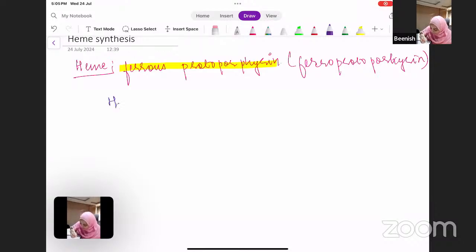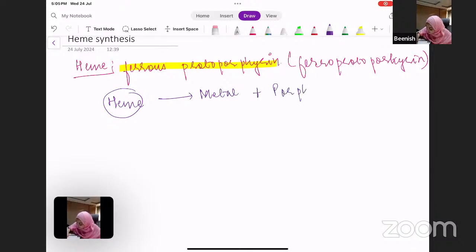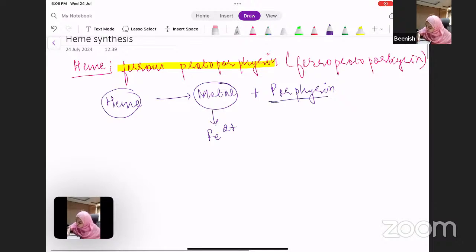Your heme is composed of a metal part and porphyrin. The metal here in heme is your iron, and iron is present in the Fe2+ state, that is the ferrous state. And you have porphyrin.